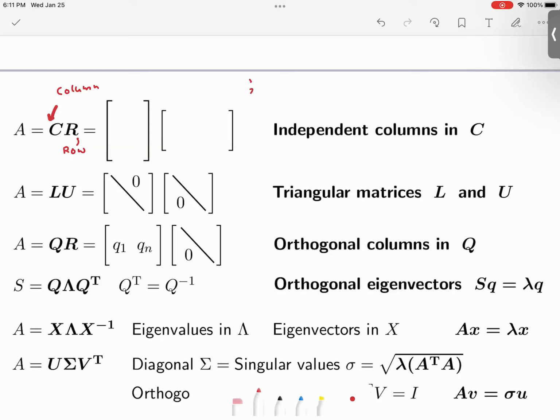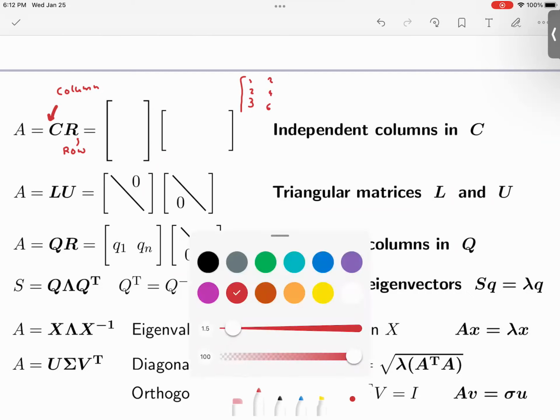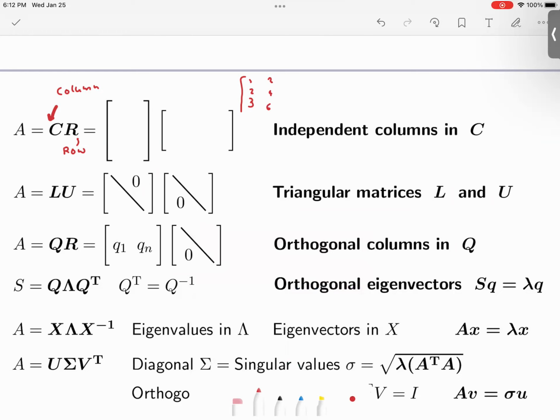Imagine I have a matrix with columns 1, 2, 3, then 2, 4, 6, and then 4, 5, 7. So I have this matrix: 1, 2, 3, 2, 4, 6, and 4, 5, 7.